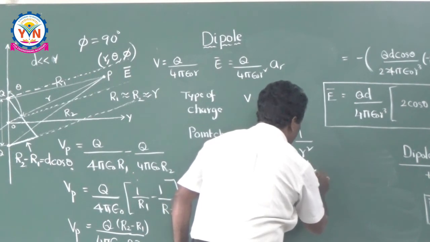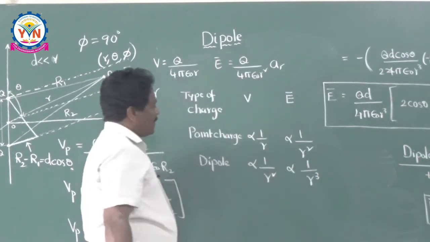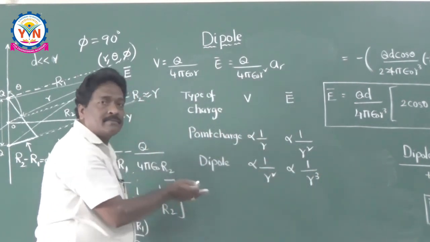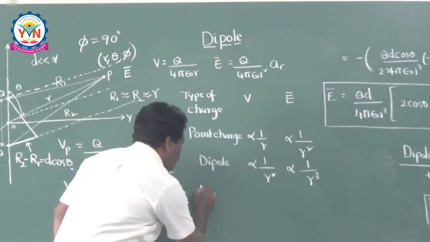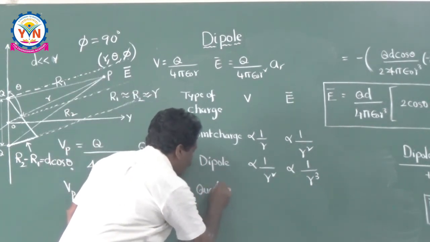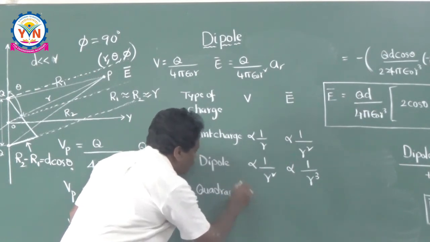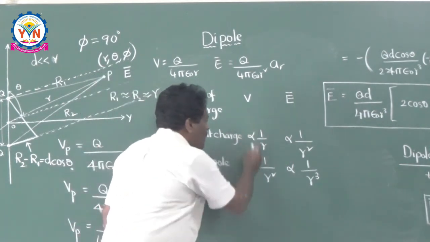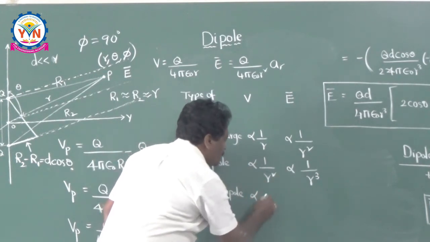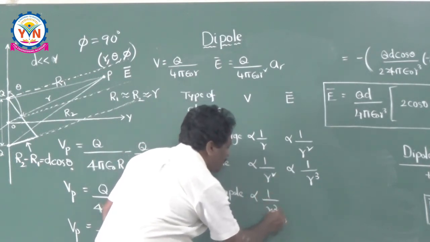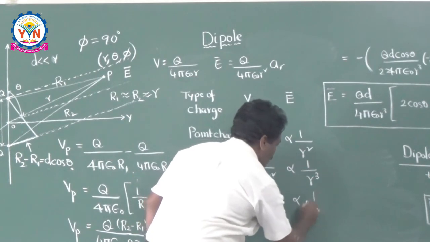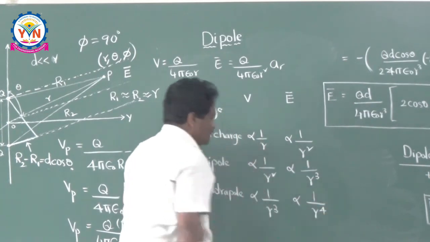This is 1 by R cube. Now two dipoles become a quadrupole, which is an asked bit in your GATE exam. For a quadrupole, the potential, with one more power raised, is proportional to 1 by R cube, and the field is proportional to 1 by R to the power of 4.